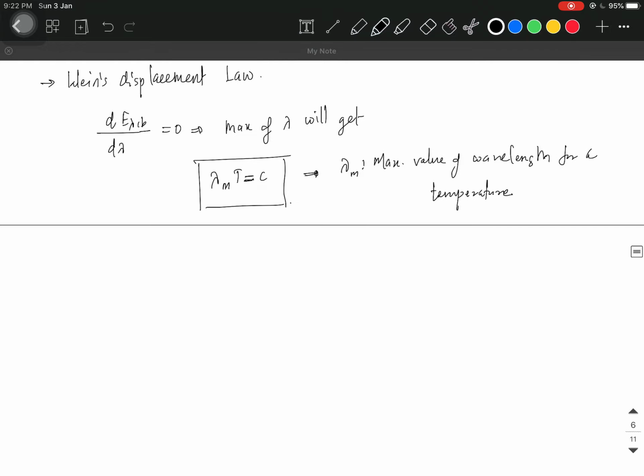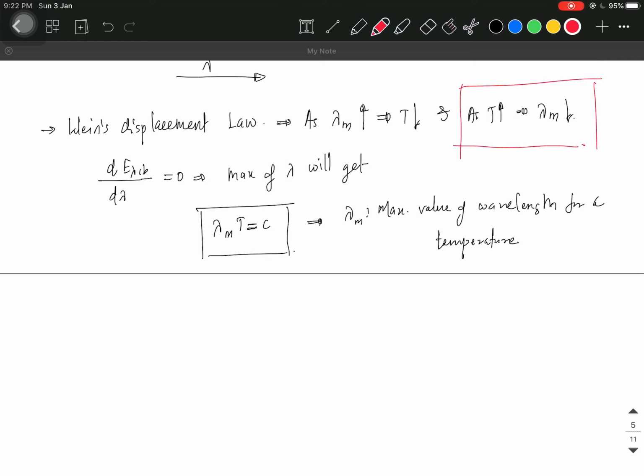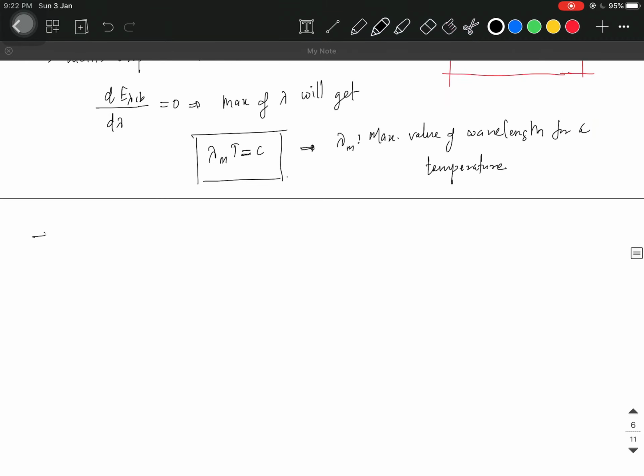Then we can see a shift of this maximum value of lambda to the left, and this Wien's displacement law tells that as lambda m increases, the temperature decreases, and as temperature increases, the lambda m value decreases. Okay, so this is the implication of this particular law, that is Wien's displacement law.